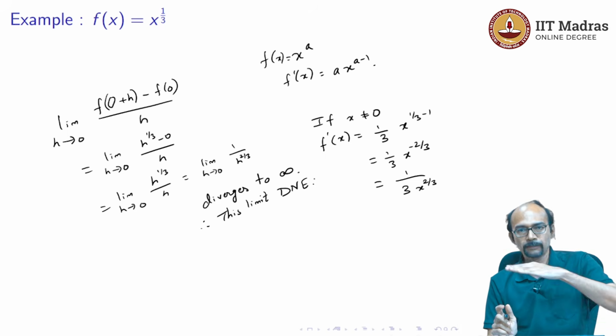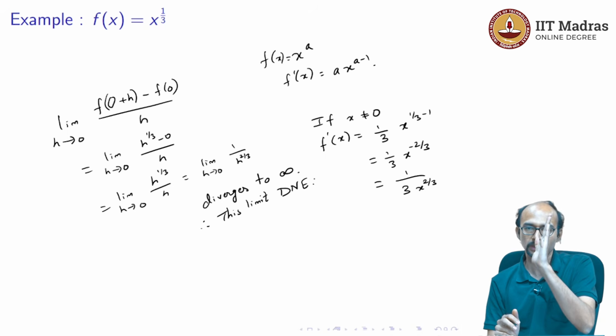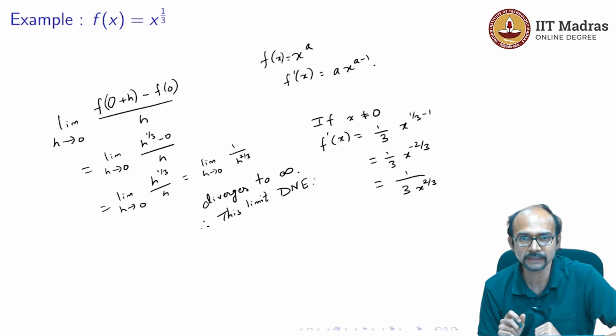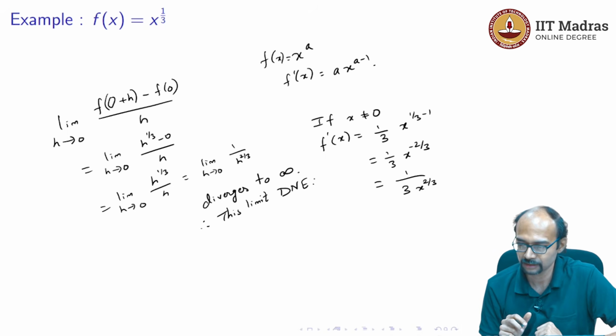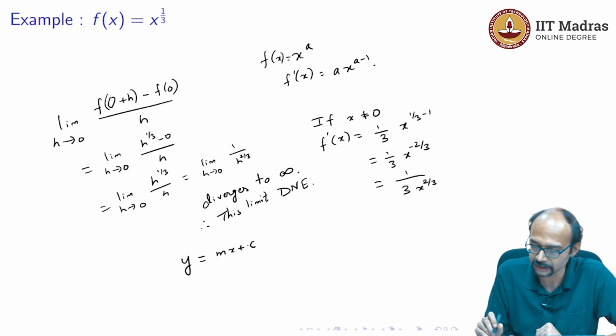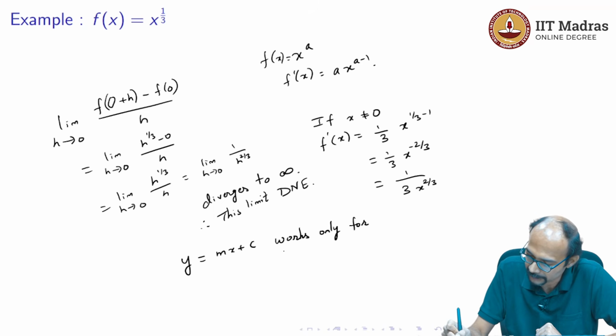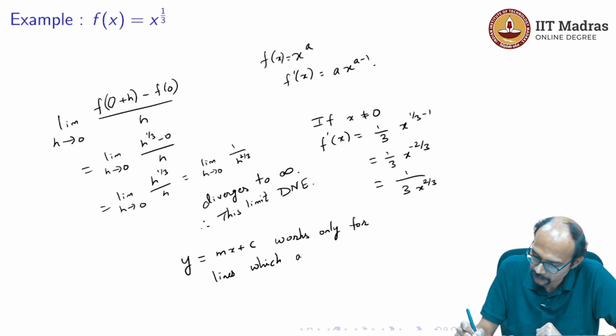And what is the issue? The issue is that we get x is equal to 0 as the tangent. And the problem is, if we write the form y is equal to mx plus c, this works only for lines which are not vertical.